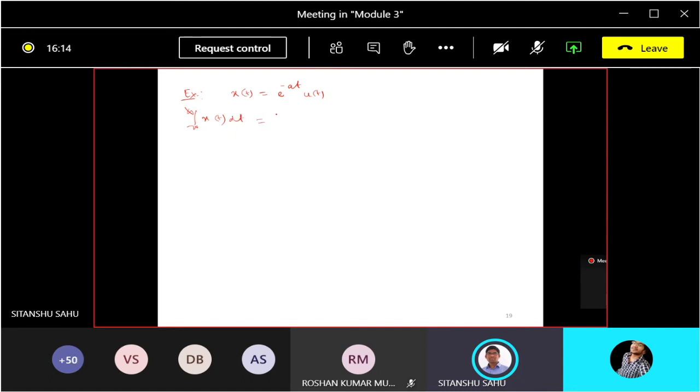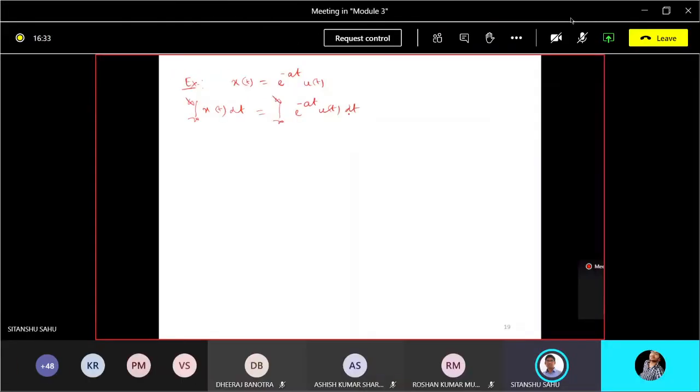Let us see whether it is finite or diverges. So I put the integral from minus infinity to infinity of e to the power minus at u of t dt. And u of t is the unit step function, which varies from 0 to infinity, so the limit of integration goes from 0 to infinity.